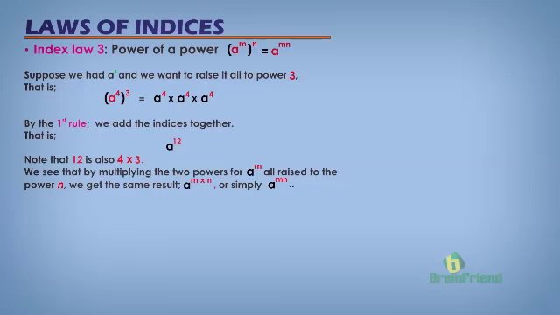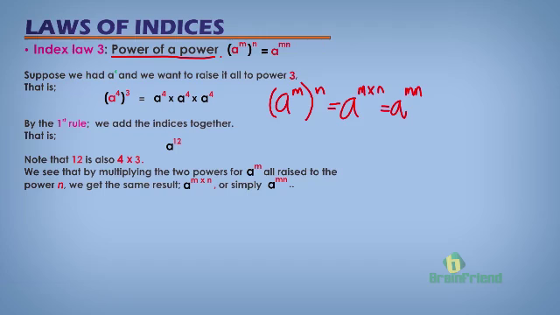Alright. The next law we're going to be looking at is the power of a power law. This law states that for any quantity A raised to a power m, all enclosed raised again to a power n, our quantity becomes A raised to power m times n, which of course gives us mn.